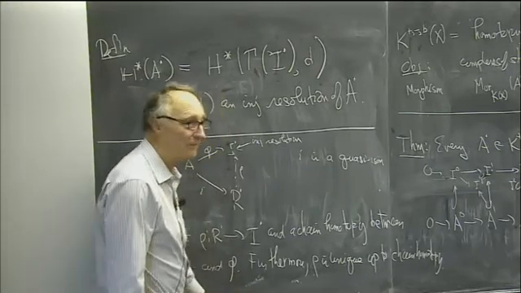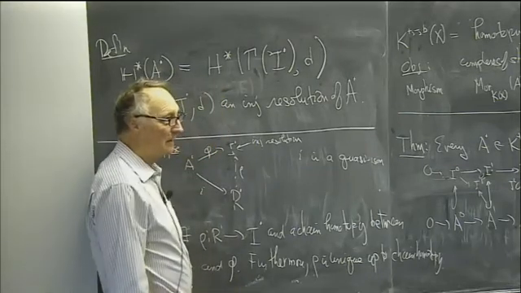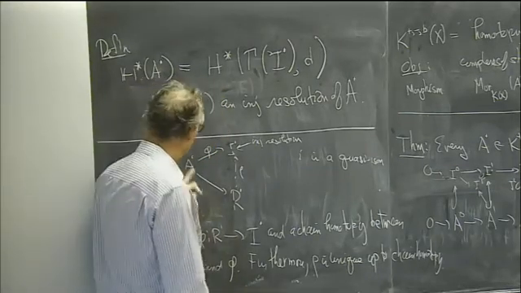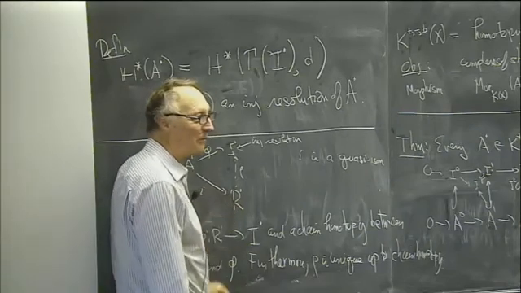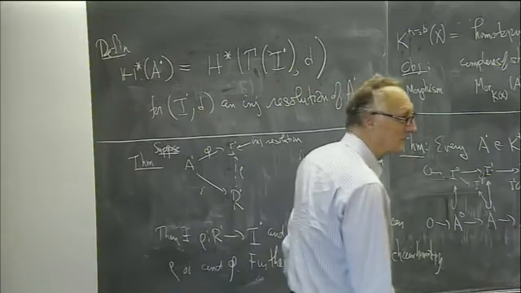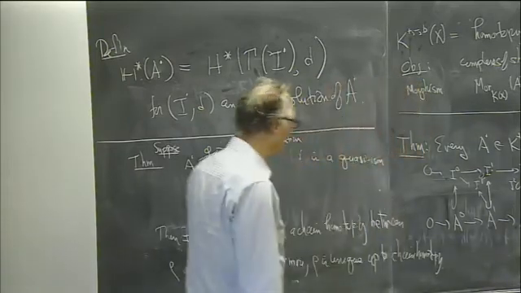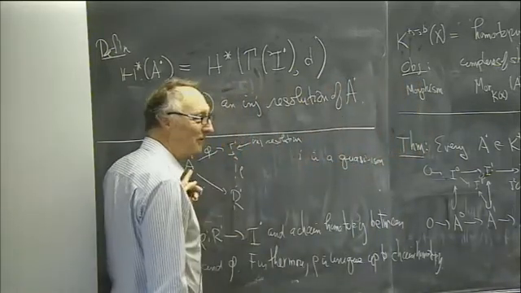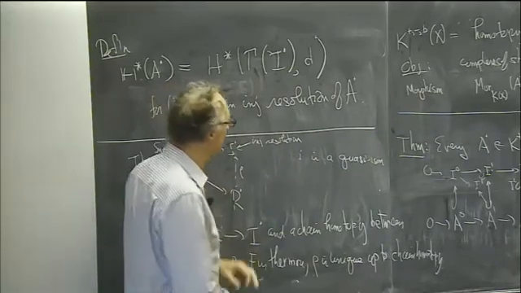Okay. What is the resolution for a complex? It's some other complex and a quasi isomorphism. It's not itself acyclic. No. It has the cohomology sheaves that this has. Right.